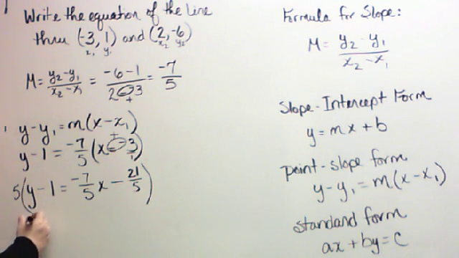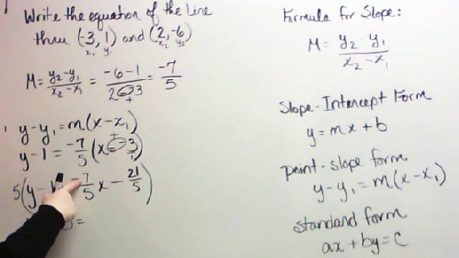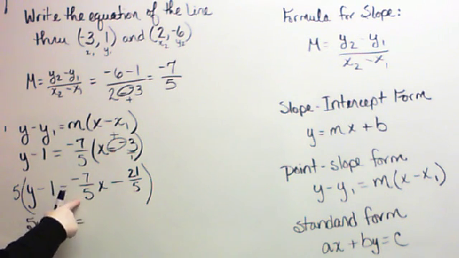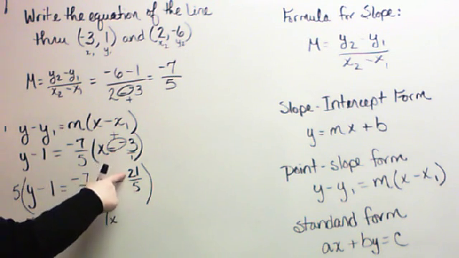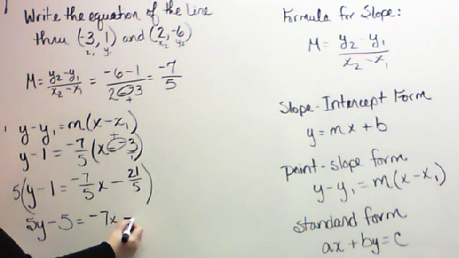So 5 times y gives me 5y, minus 5 times 1 is 5, equals, take out your calculator, 5 times the top number will give you negative 35, divided by the bottom number gives you negative 7x. 5 times the top number, which is negative 105, divided by the bottom number gives you negative 21. Always easier with your calculator, and you have one, so it's okay to use it. Not your cell phone, but your calculator.